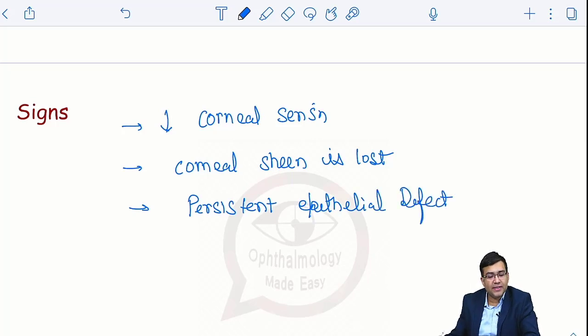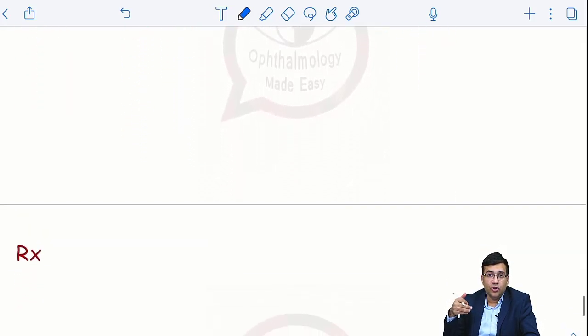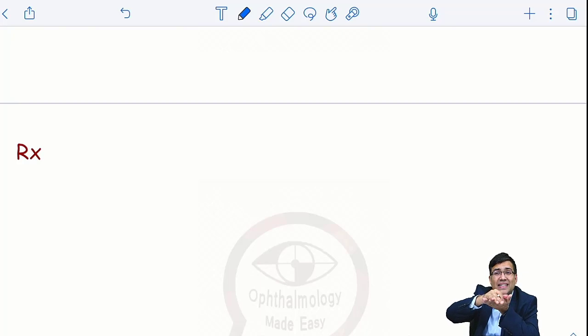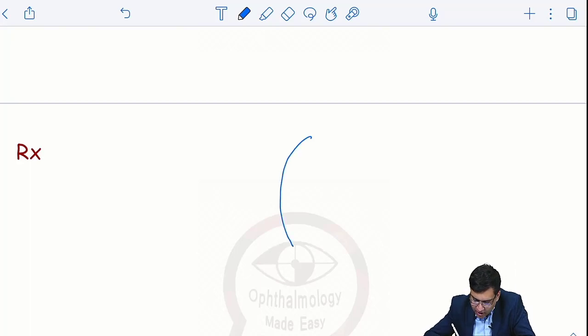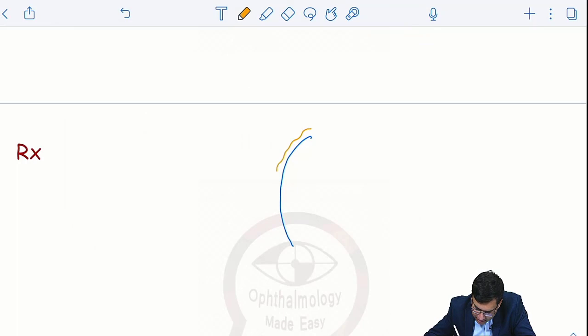How can you treat this patient? You just have to treat the causes of the neurotrophic keratopathy, and what you can basically do is put a scaffold or something like a rest over this cornea, and a scaffold would basically help in the regrowth of the epithelium beneath it. So what I mean is, let's say this is my cornea. I put a membrane over it, a natural membrane.